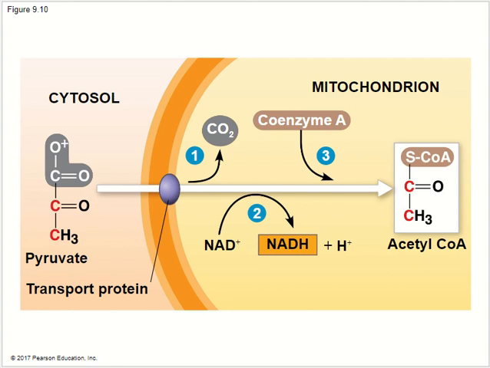Going from the cytosol of a cell into the mitochondrion, what we see is that pyruvate gets transported, carbon dioxide is released. Also, I believe that the publisher has an error, usually a carboxylate group. I believe that O positive should be an O negative.